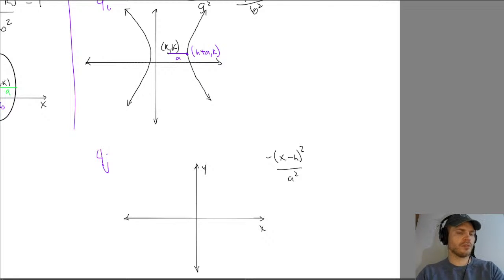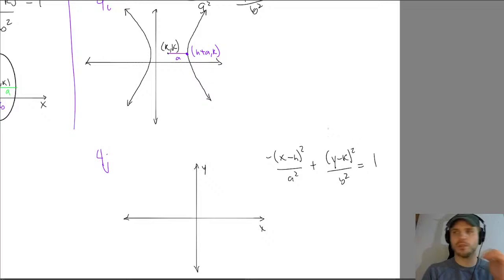Make this positive, this negative, and then let's go with B. Yeah, all right, we're good. y minus k squared over b squared equals 1.